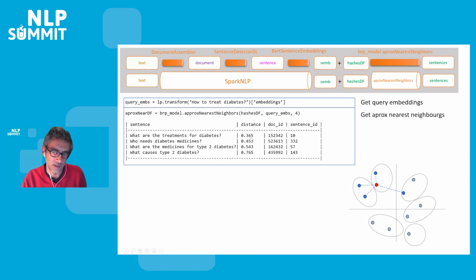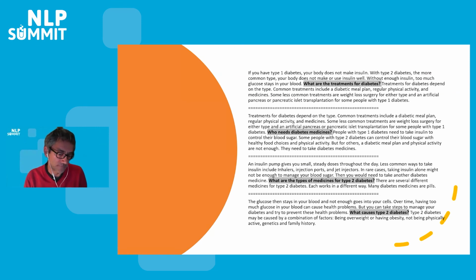This is what we are doing here, as a reminder. Once you have that, of course, you will save the reference of that sentence: in which document, which page, and in which part in the sequence of the sentences of the corpus. You will always keep that information in your data frame.